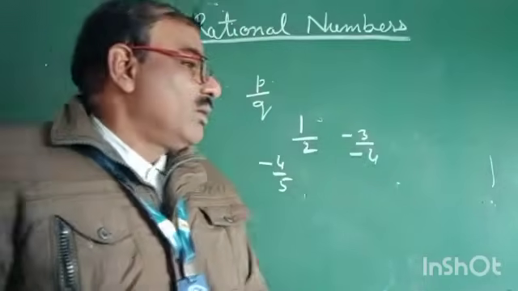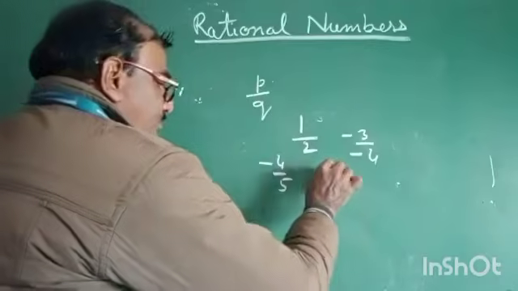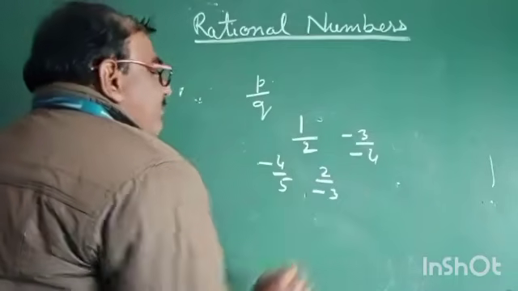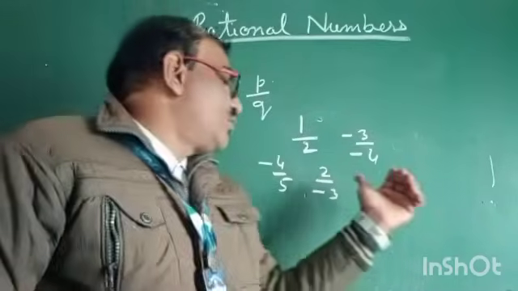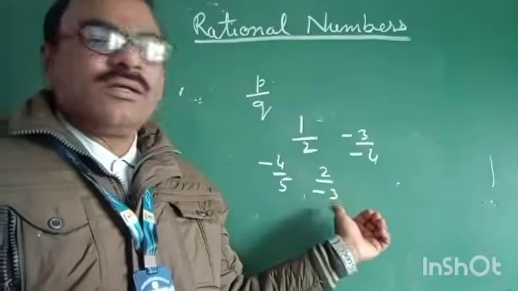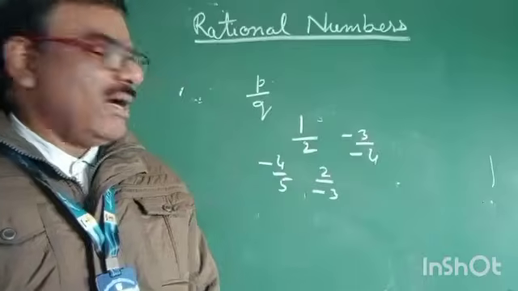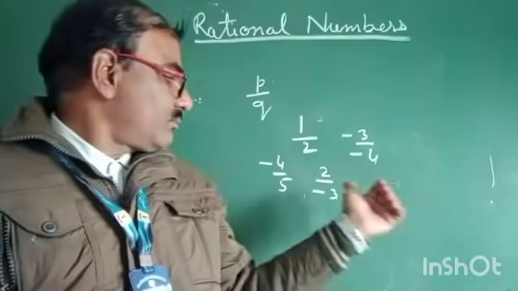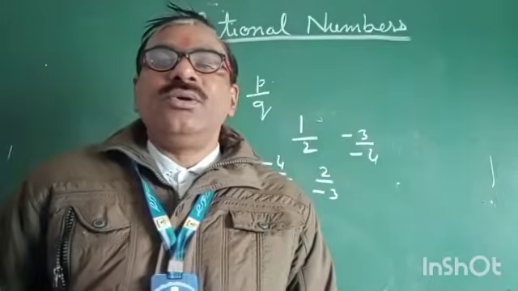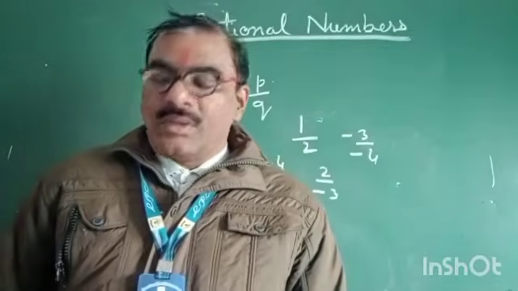Now if 2 upon minus 3, here 2 is positive but 3 is negative. So 2 upon minus 3 is a negative rational number.